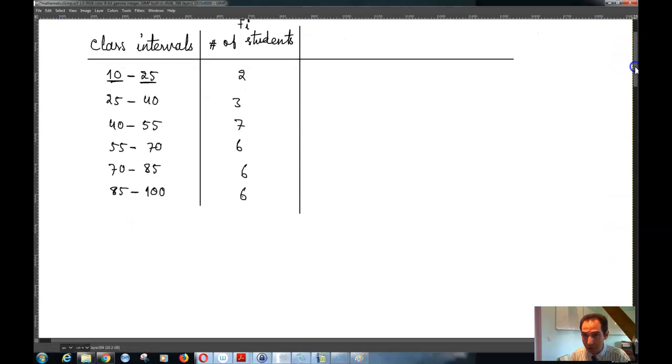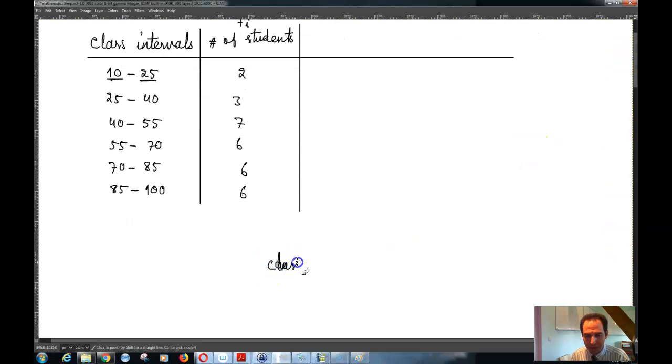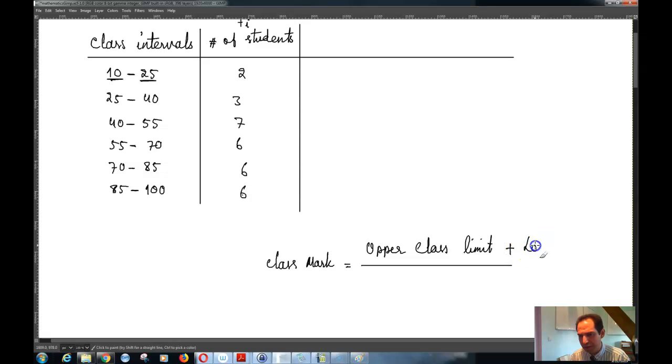So the class mark is basically the upper class limit plus the lower class limit, divided by 2, the average of that, right?